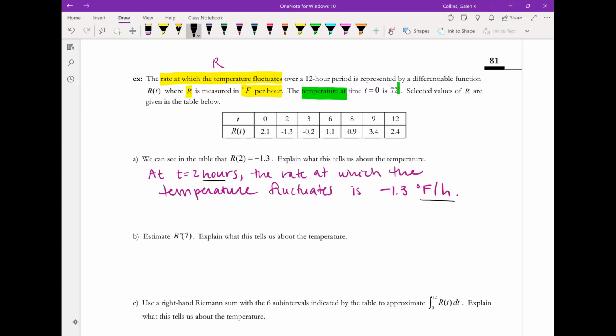In part B, estimate r prime of 7 and explain what this tells about the temperature. So when we estimate the derivative, we use the average rate of change of r to estimate the instantaneous rate of change. So since 7 is between 6 and 8, r prime of 7 is approximately the average rate of change of r over the interval 6 to 8.